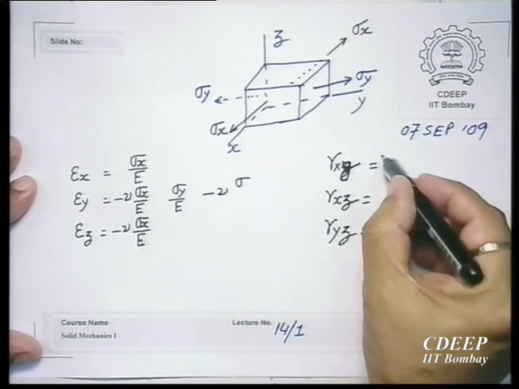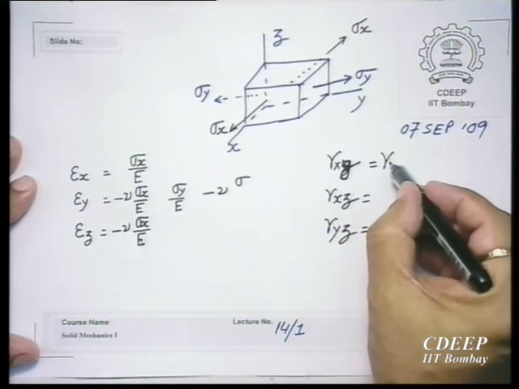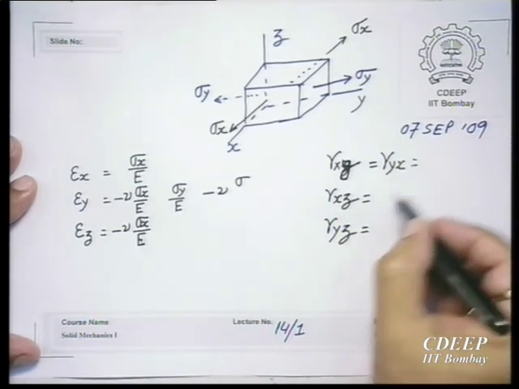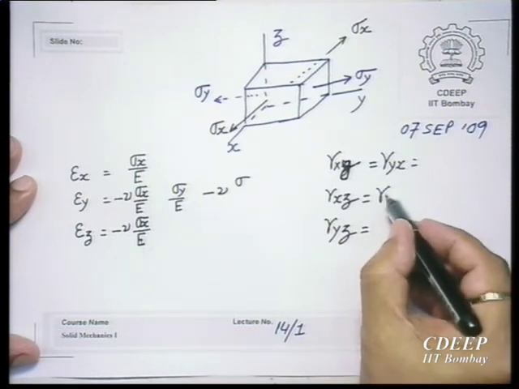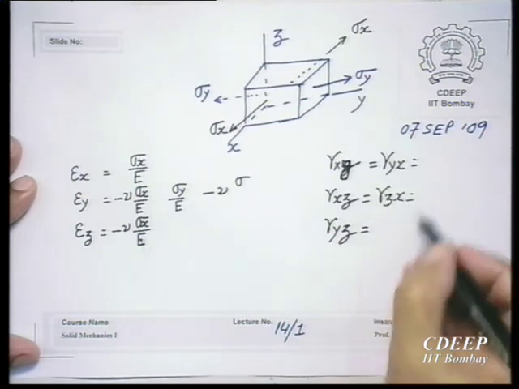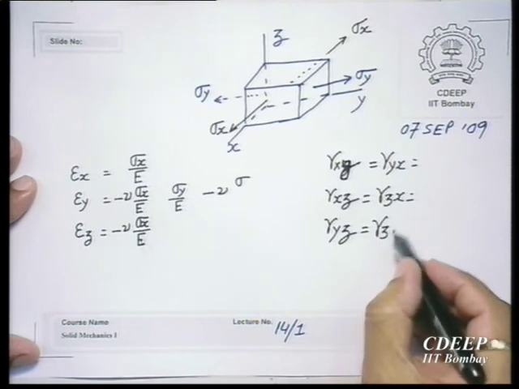I can also write this as gamma xz is equal to gamma zx, and this is also equal to gamma zy.